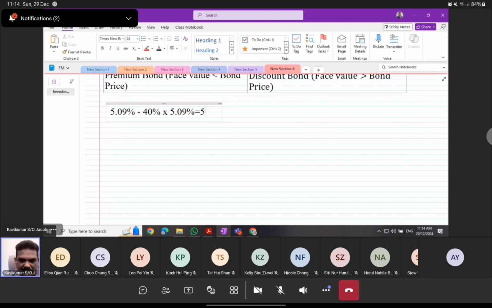That's why this is actually 5.09% of 1 minus 40%. That is 0.0509 times 1 minus 0.4.